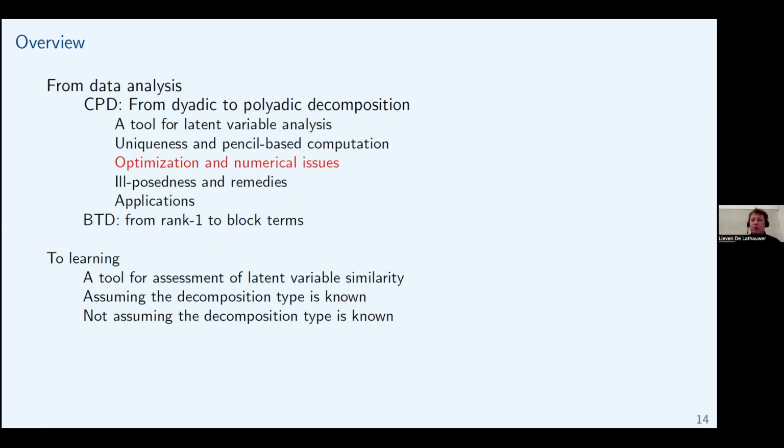Okay, so far so good. We have a new tool. It's unique under conditions that we understand quite well. We have computations based on generalized eigenvalue decomposition, and now the trouble starts.